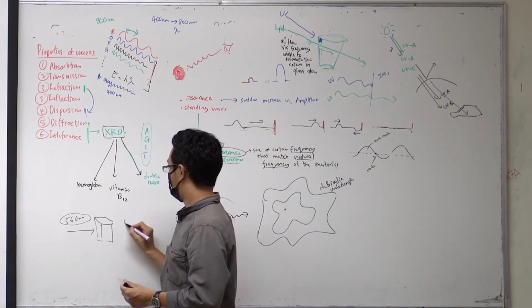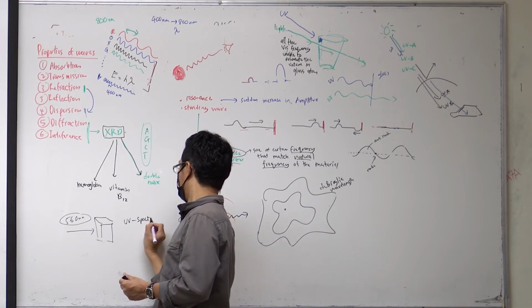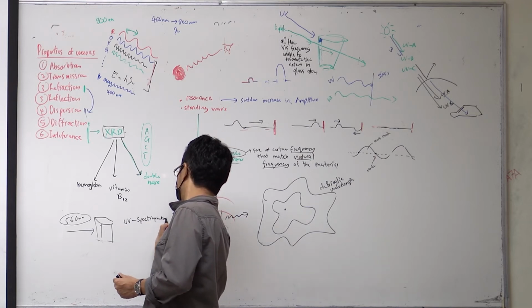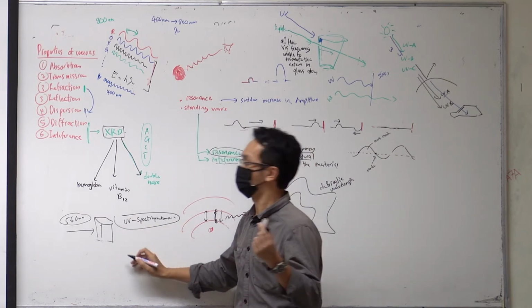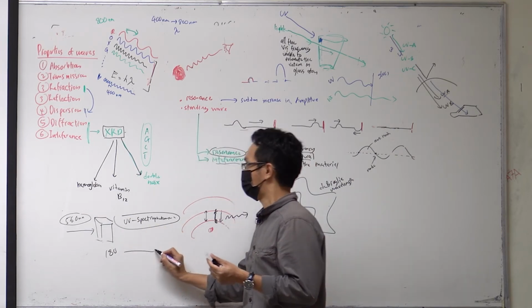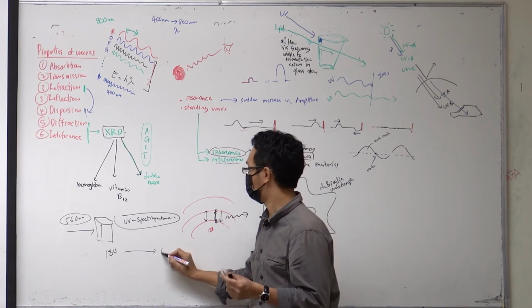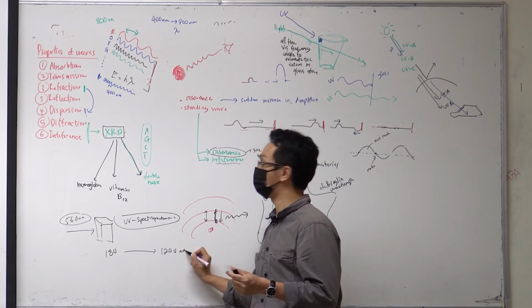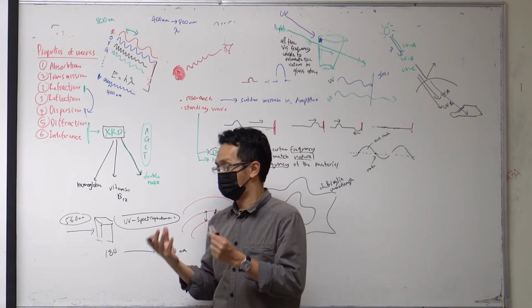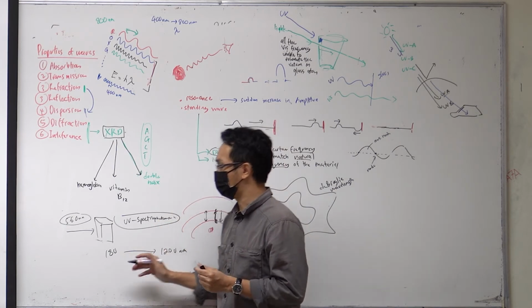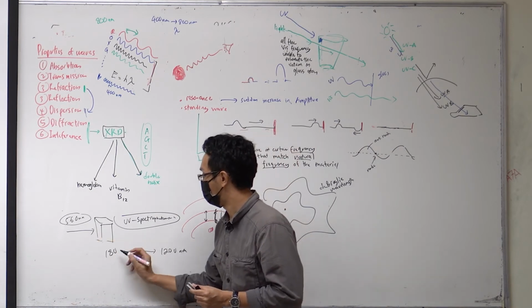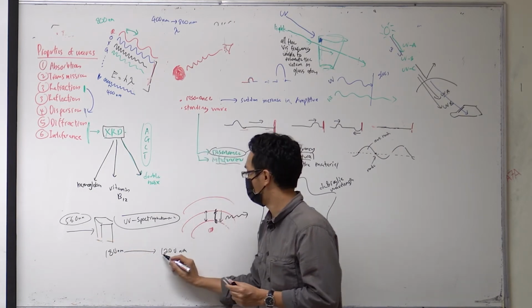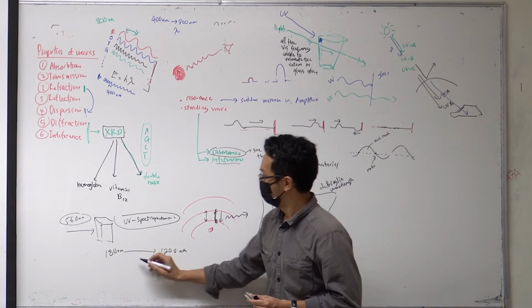But the UV spectrophotometer in the lab has a range between 180, I think, until 1200 nanometer, meaning that you can give a specific wavelength. Which wavelength do you want? For example, between 180 nanometer and 1200 nanometer.